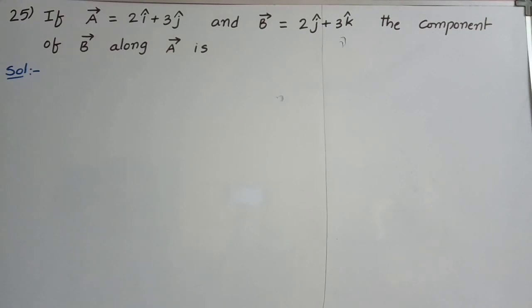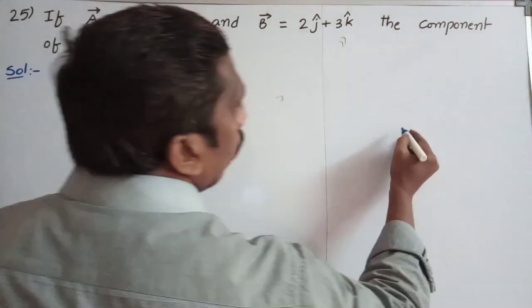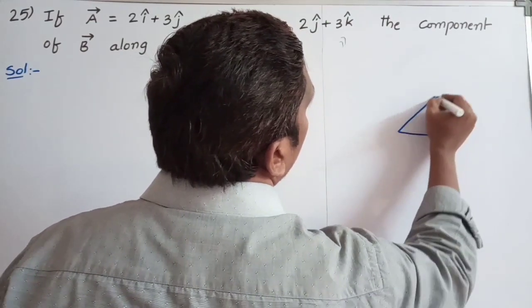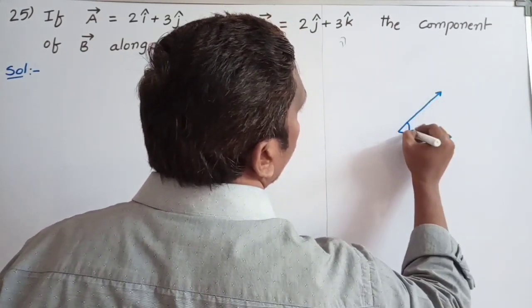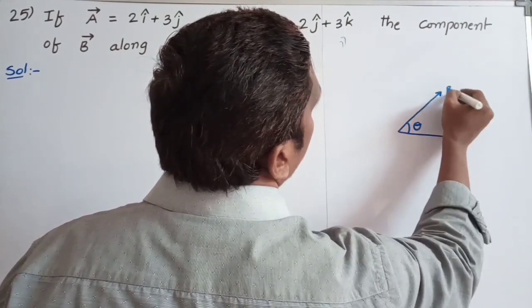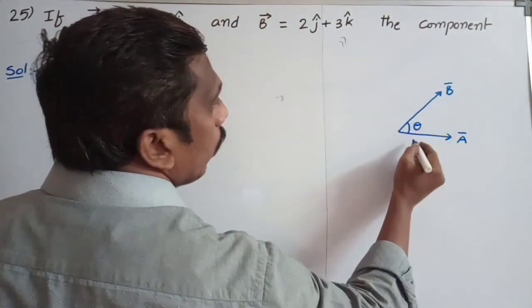Problem number 25. If a bar is equal to 2 i cap plus 3j cap and b bar is equal to 2j cap plus 3k cap, the component of b bar along a bar is. Take a bar and b bar as two vectors making an angle theta with each other. This is a bar and this one is taken as b bar. Resolve b bar into components.